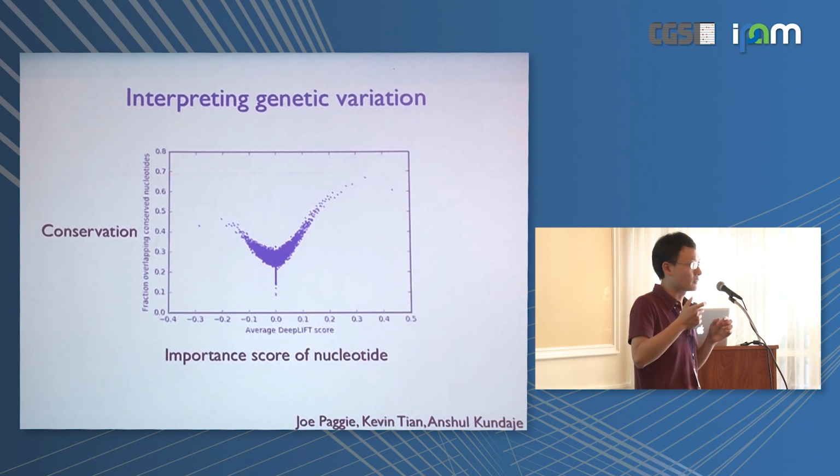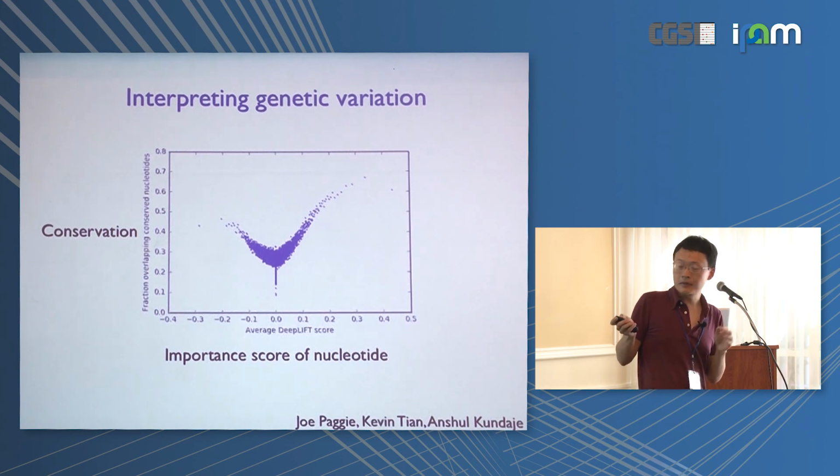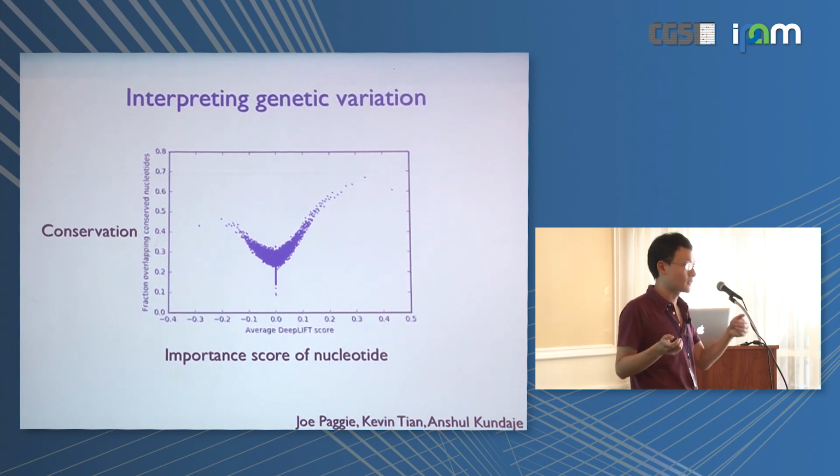You can say, if you just make random mutations there, the assumption is that most of those mutations are unlikely to lead to the generation of new enhancers, just by point-wise mutations. And then you see whether you have false positives there. But I'll also mention that there are other ways you can assess the statistical significance of these importance scores.